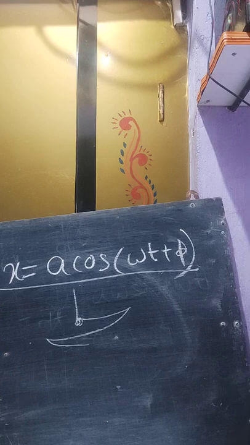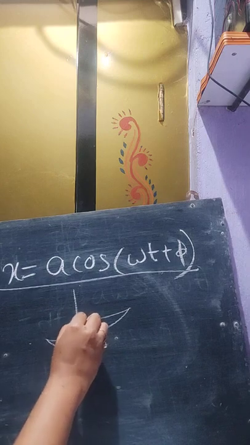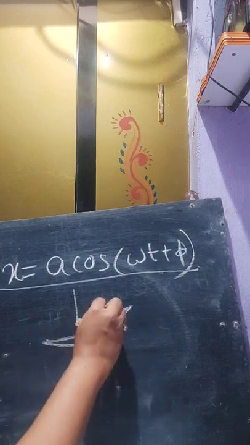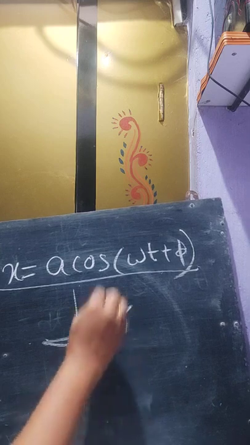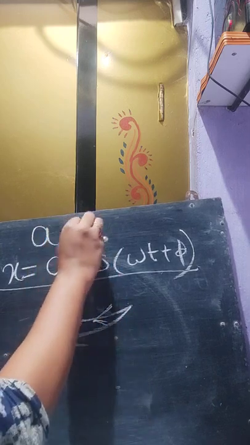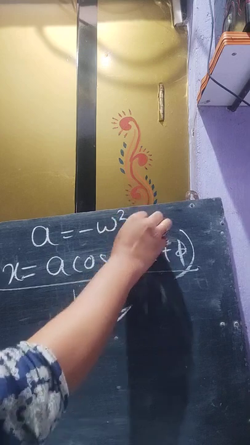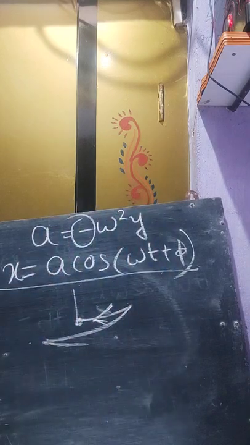The restoring force or the acceleration acting on the particle is always proportional to the displacement of the particle from the equilibrium position, and this acceleration is always directed towards the equilibrium position. So, what does that mean? Acceleration always tends towards this position. That's why we are getting that minus sign.